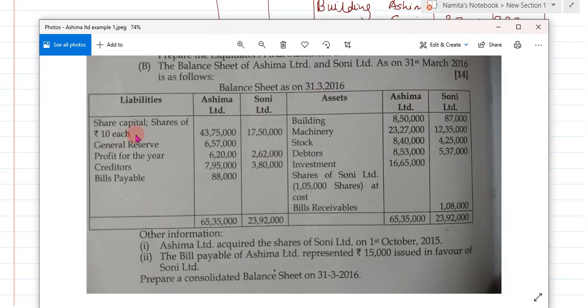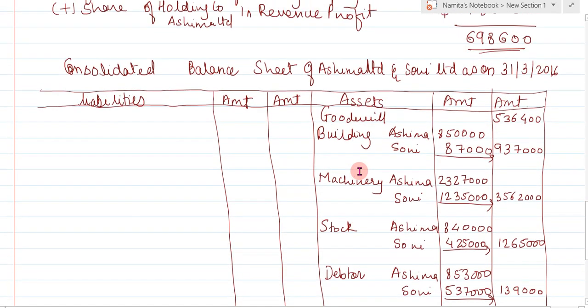Now in liabilities, first item is share capital. Now in consolidated balance sheet you will write the amount of only holding company share capital, that is Anshima Limited. We will not write the subsidiary company. Why? Because this amount we have already taken into consideration in the calculation.